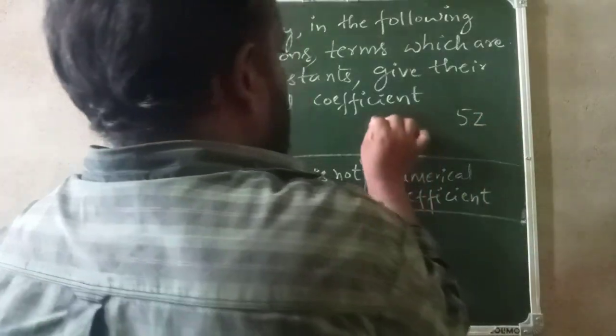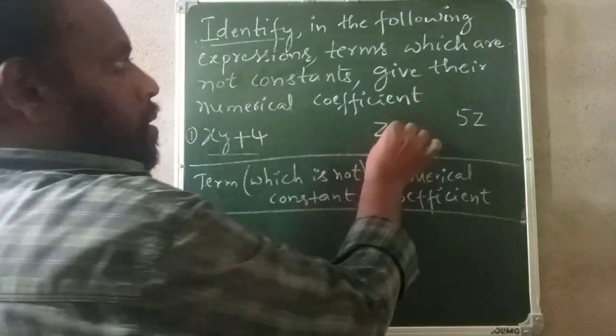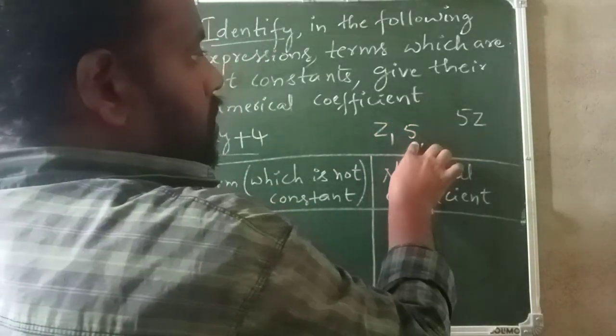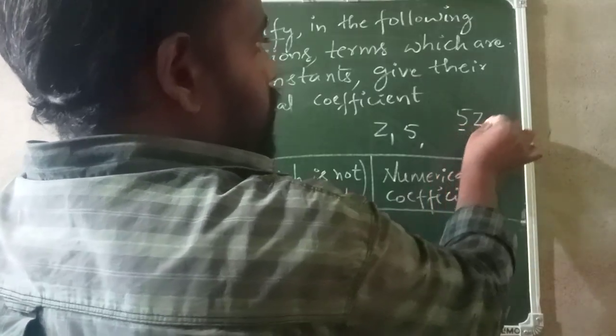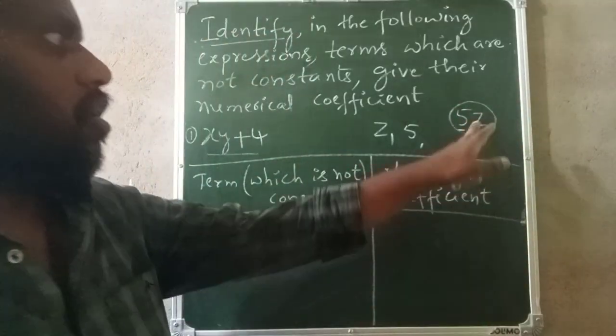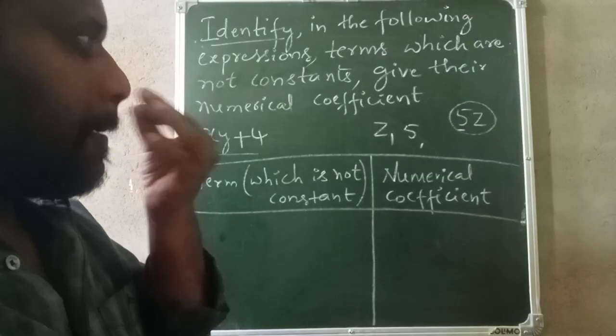See, if it is only a number, that is constant, but a number along with a variable is not constant.